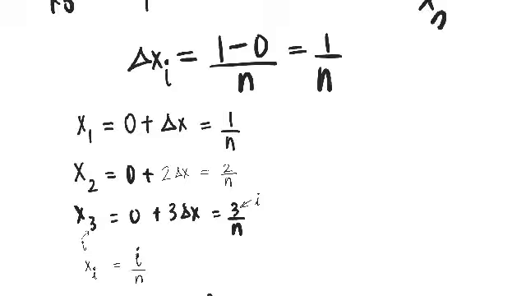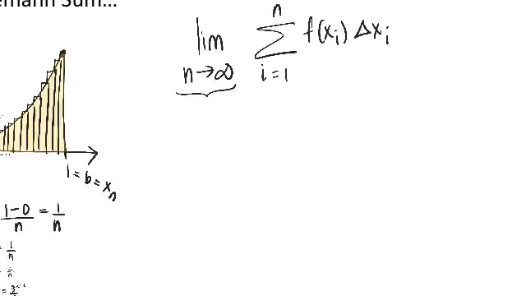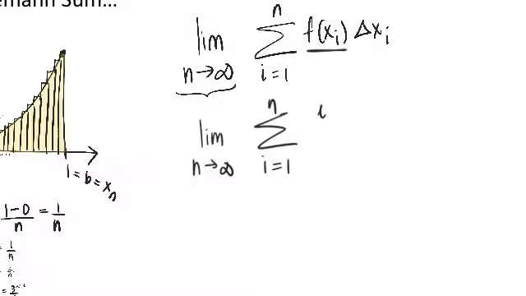So I'm going to put all this back into our Riemann equation here. So it's the limit as n goes to infinity, this is what I'm trying to do, of the sum of all these rectangles, where f of x sub i is i squared over n squared, and delta x sub i is 1 over n. Okay, we're almost done, guys. Stay with me. Okay, so now here's the cool thing.